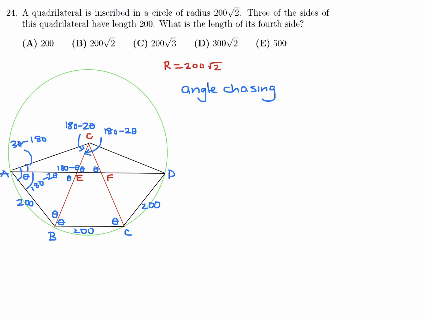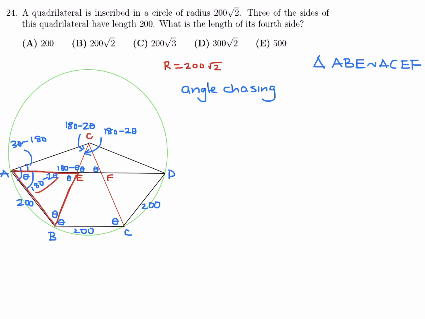So I'm sure you guys are very well versed in angle chasing. But what it does in this question is allow us to conclude that triangle ABE is similar to triangle CEF. And in particular, ABE is this one right here.